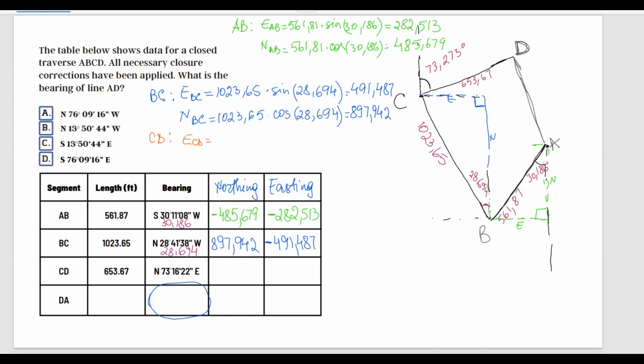Let me build the triangle here, like this. And this is the right 90-degree angle. And so this is going to be the northing now. This is easting.